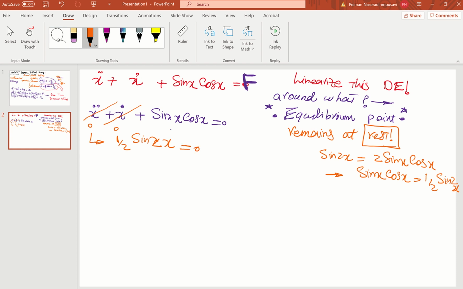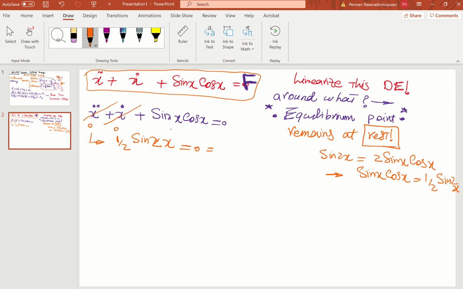So on the other hand, you can say from here that 1 over 2 sine of 2x is 0. I am trying to find the equilibrium point of the system. Why? Because I want to linearize this nonlinear time invariant differential equation to a linear time invariant differential equation. Clear? Okay.